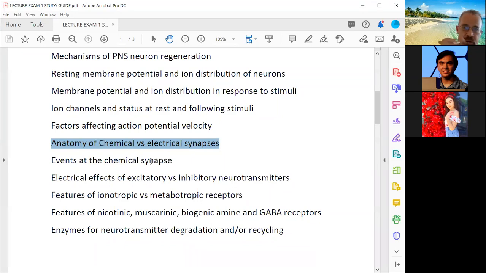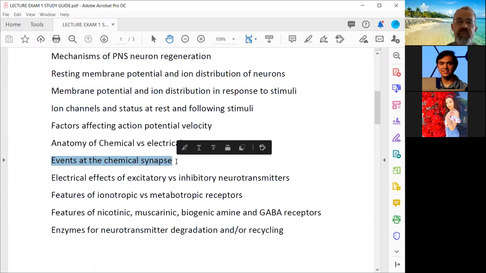And then the neurotransmitter goes across to the other side and binds to receptors. After the neurotransmitter exerts its effects, it's broken down and recycled. So you should know all the enzymes that are involved with the recycling and the inactivation.